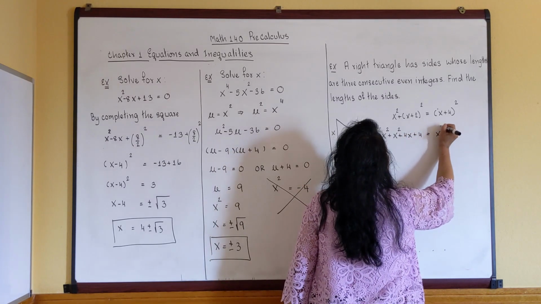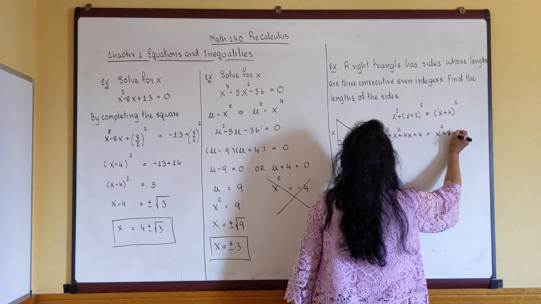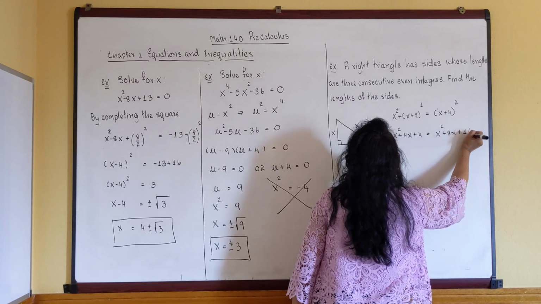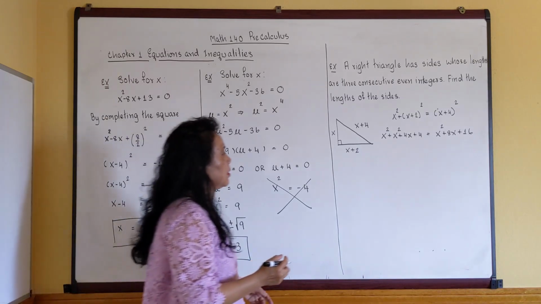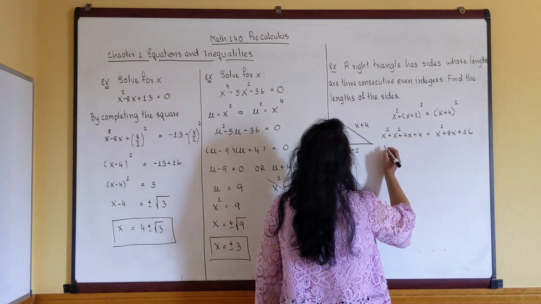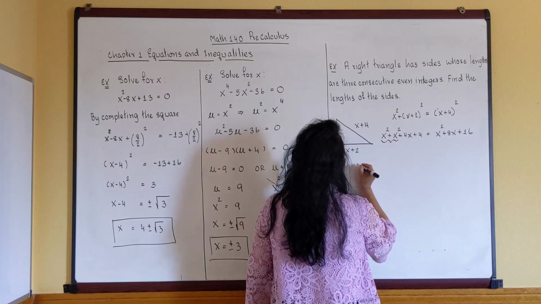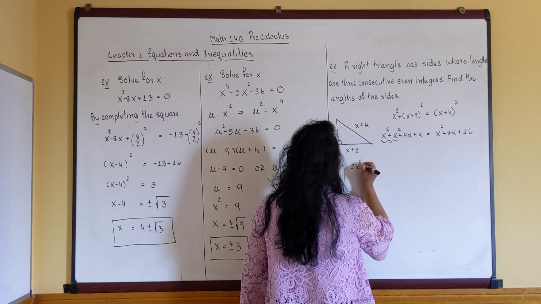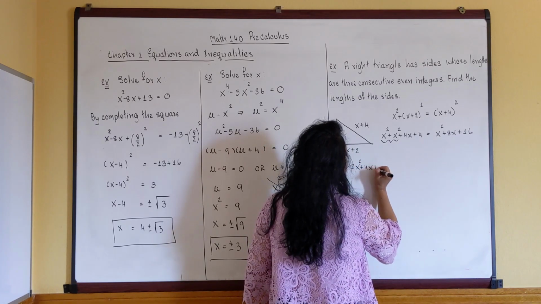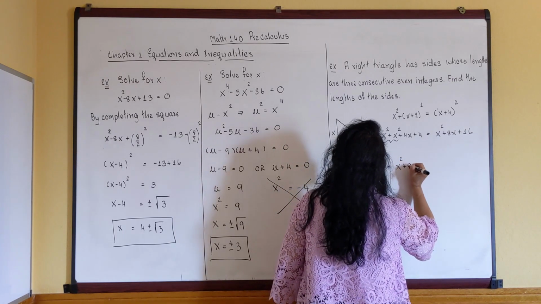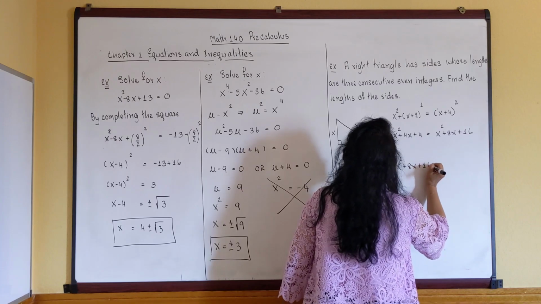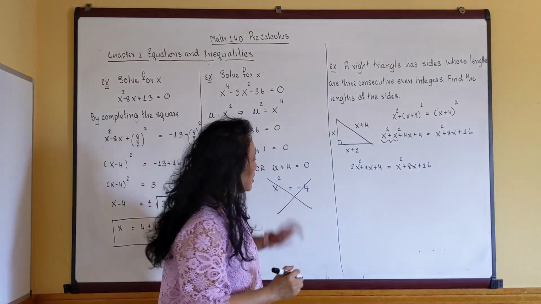On the right hand side, I have x squared plus 8x plus 16. It's quadratic. I'm going to set it equal to 0.